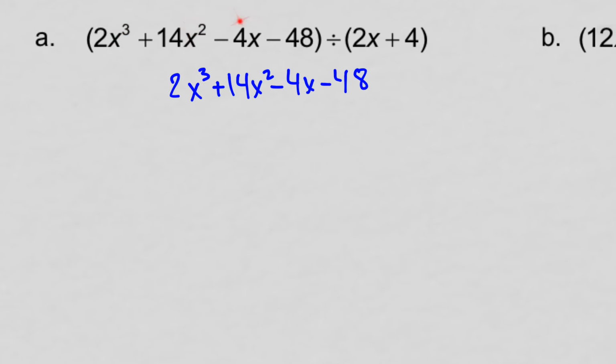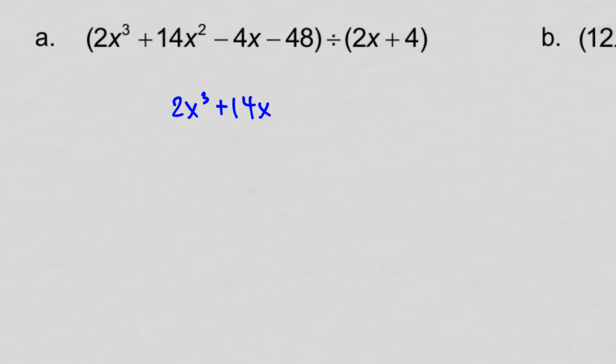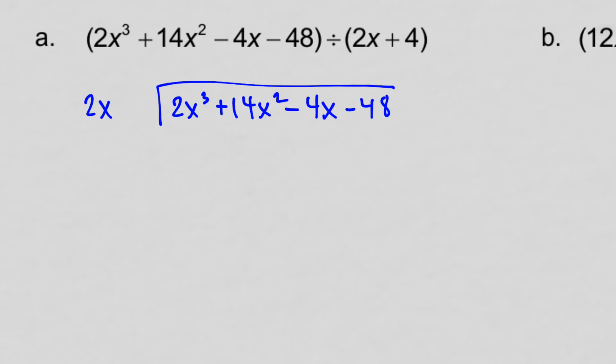X cubed, x squared, x, constant. It looks good. You know what? Let's write it a little bit lower because I'm going to need space above it, right? So I'm going to write it down here. 2x cubed plus 14x squared minus 4x minus 48. And we are dividing by 2x plus 4.